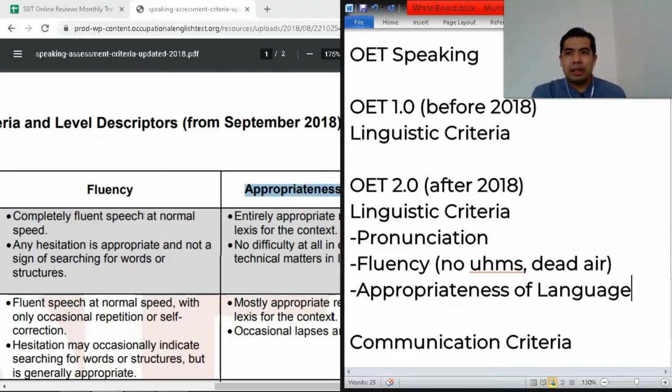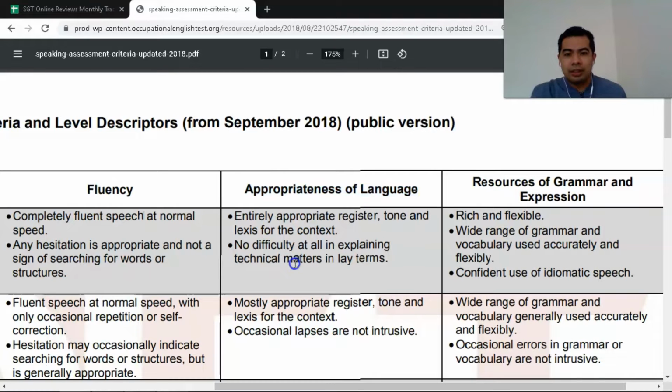You're probably talking to an 80-year-old man who's never had to deal with any medical terms in his entire life. So when you talk about appropriateness of language, can a layman understand the terms you are using? Is it easy for them to understand what you are saying, or are there a lot of difficult technical terms that a layman cannot understand?